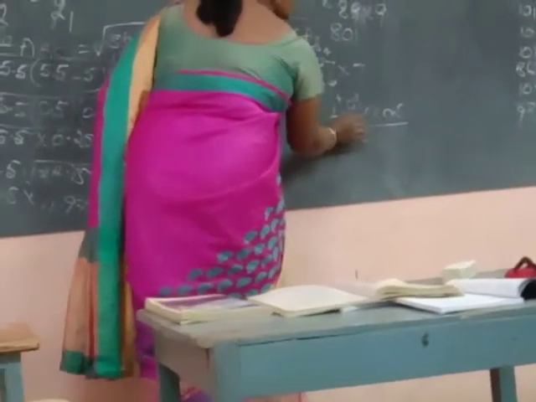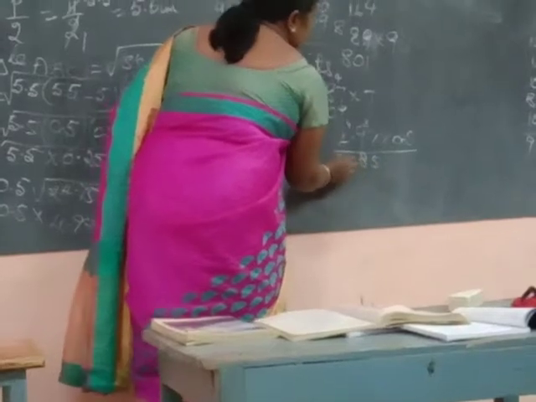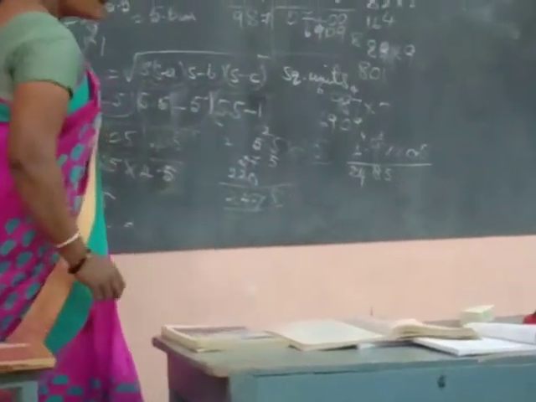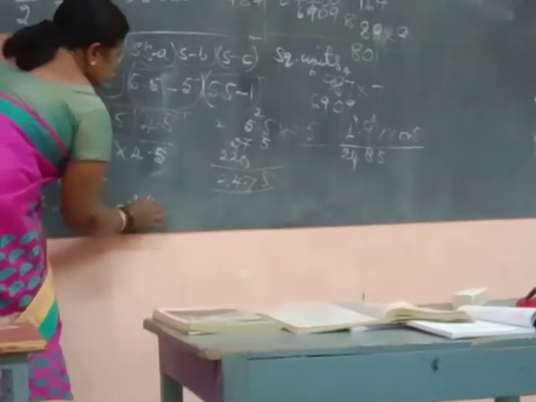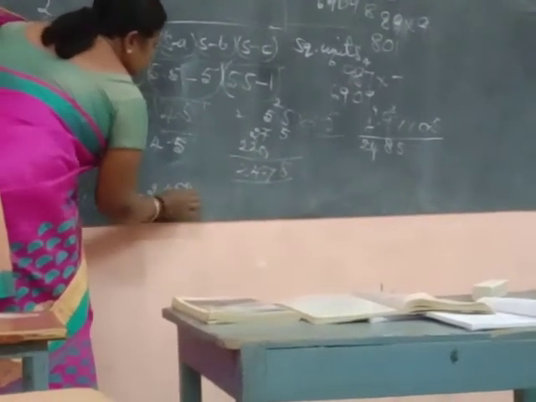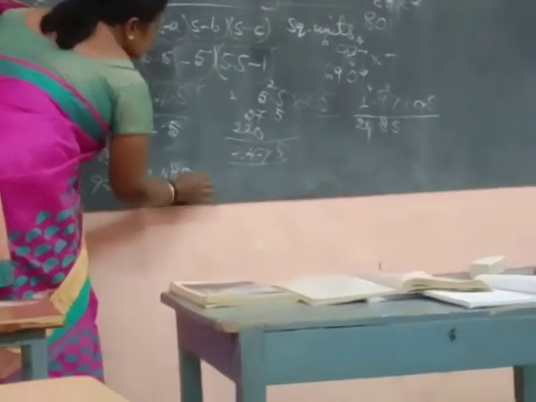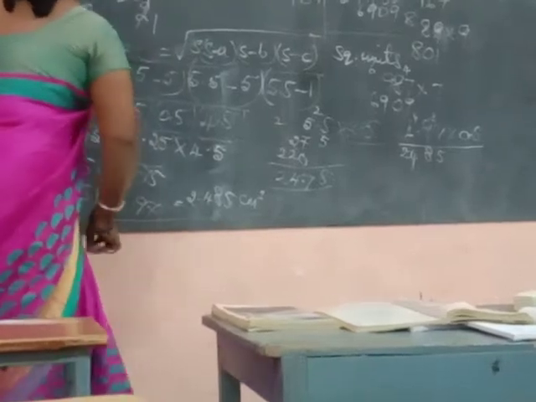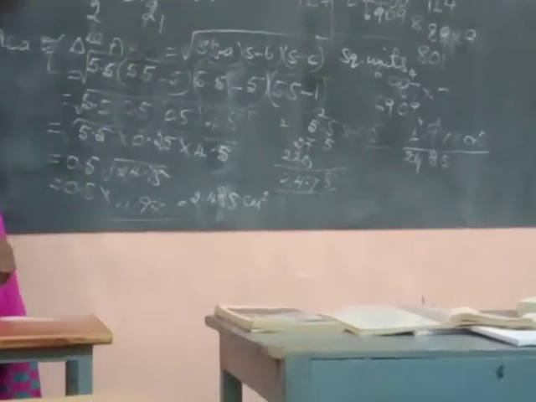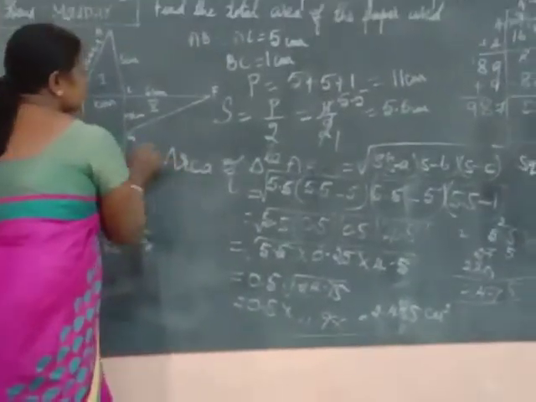After the point, there are 3 digits here, 1, 2, 3. So 2.485. Yes, 2.485 square centimeter. That is centimeter square. This is the first part.